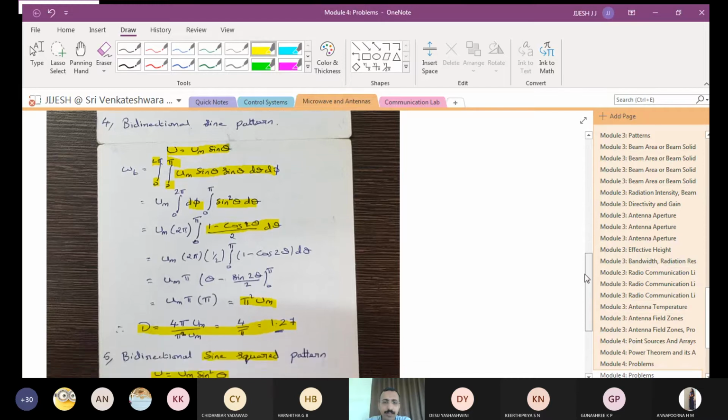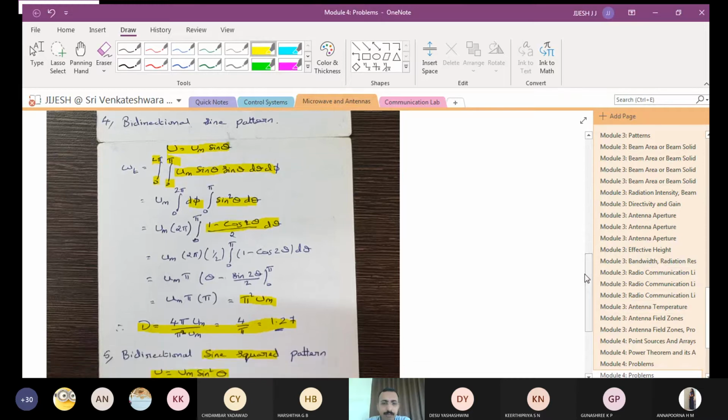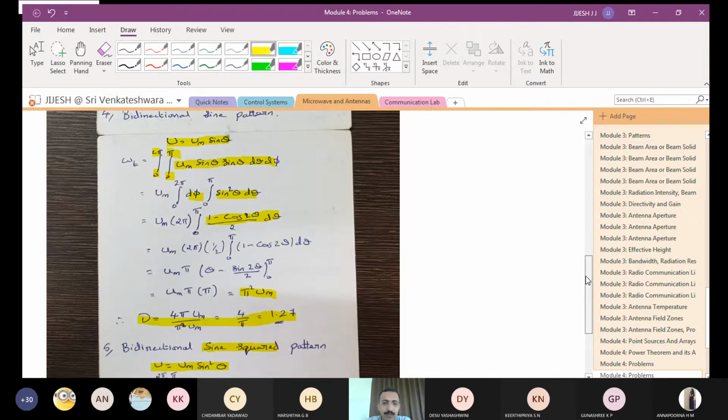Okay, those who have completed, you can do the next problem, that is the bidirectional sine squared pattern. Do the bidirectional sine squared pattern. So you have to take U is equal to U_m sine square theta.